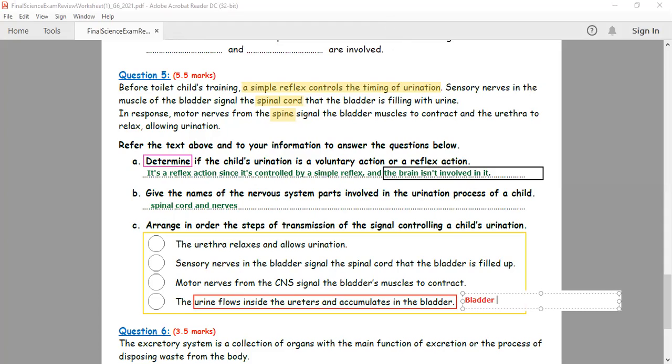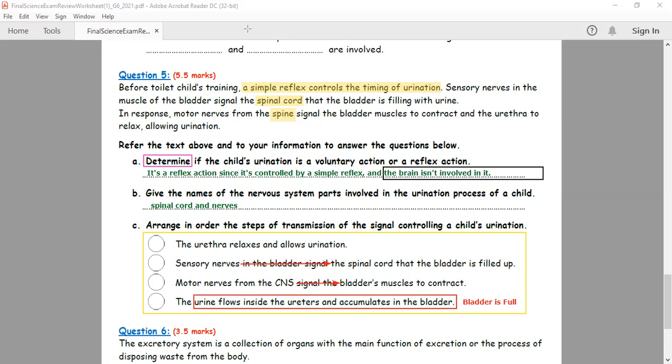Bladder is full, so this is number one. Then the sensory nerves in the bladder take a message to the spinal cord telling it that the bladder is filled up with urine. As a response, the central nervous system or the spinal cord tells the bladder muscles to contract. Finally, the urination happens. Let's put them in order.